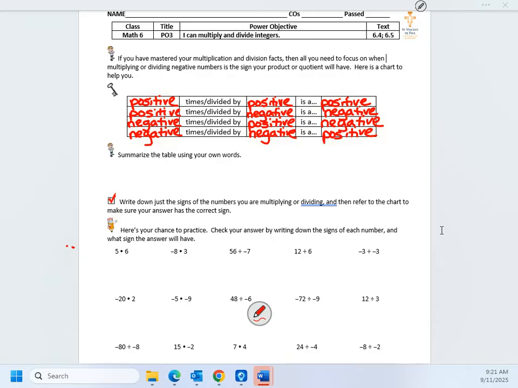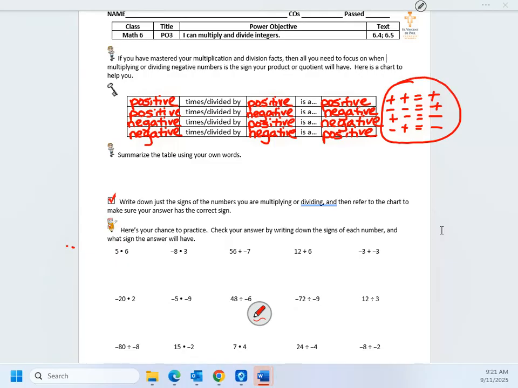So one way I like to look at it is positive times a positive equals positive. Negative times a negative equals positive, sorry. Positive times a negative or a negative times a positive equals negative. So sometimes we want to write out all the words. Sometimes we can put it just in a little thing.